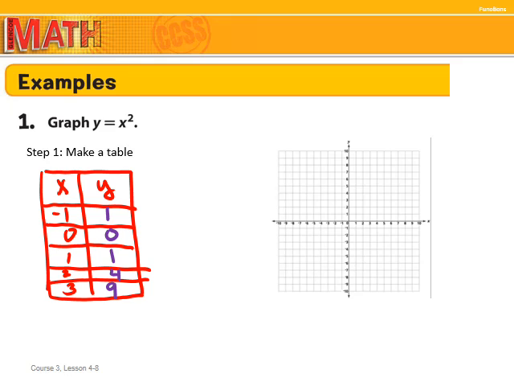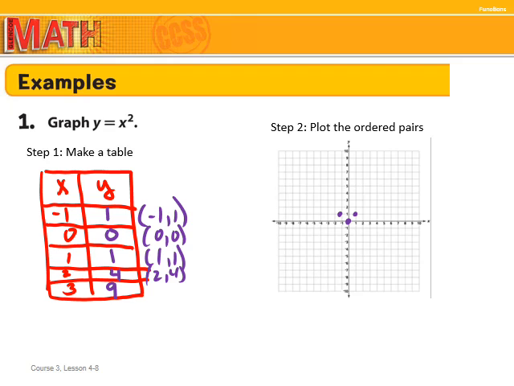Now I want to plot the ordered points. This ordered point is negative 1, 1, right there. 0, 0, which is our origin. 1, 1, right there. 2, 4, right there. And 3, 9, right there.